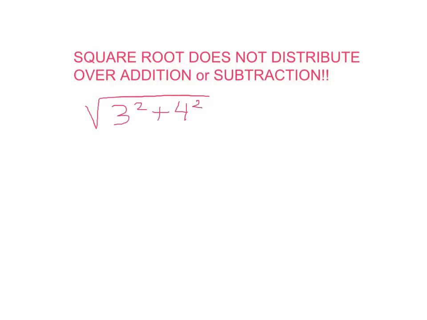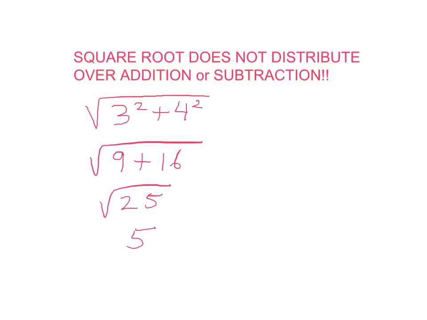Well, if we do that, we get the square root of 9 plus 16, the square root of that is equal to 25, which is 5. And some of you might recognize that as a Pythagorean triple, 3, 4, 5. Yeah, I get 5. That's definitely equal to 5.